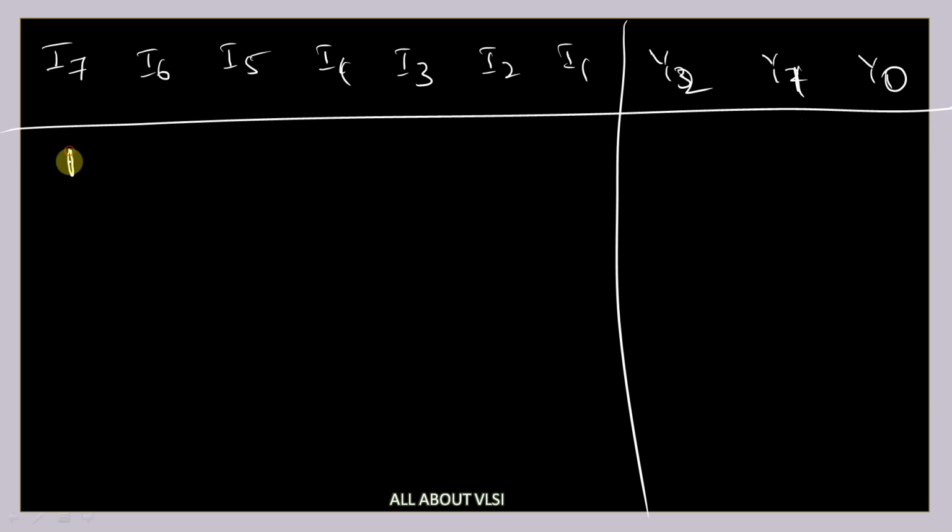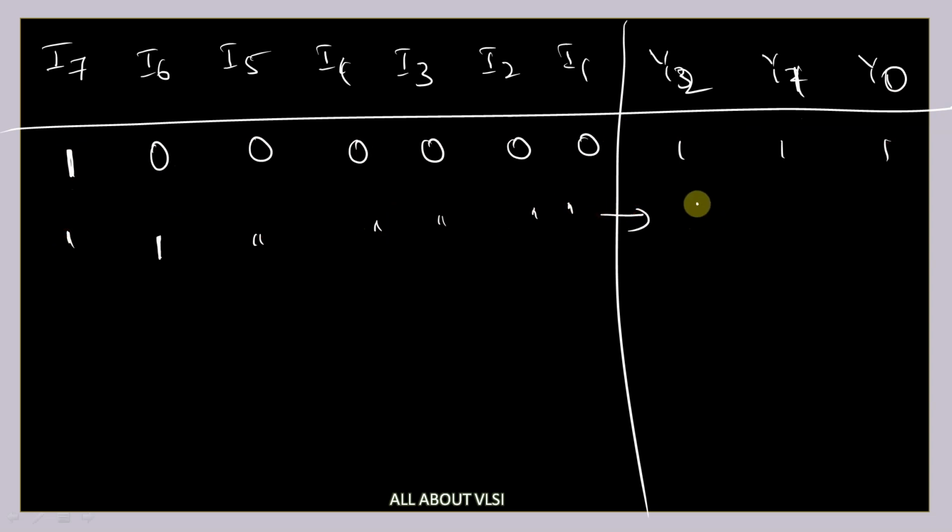So if I7 is high and remaining all are zeros, then you are going to get 111. Same if I6 is high and remaining all are 0, then you are going to get the corresponding output, that is nothing but 110. And if I5 is 1 and remaining all are zeros, then you are going to get 101.